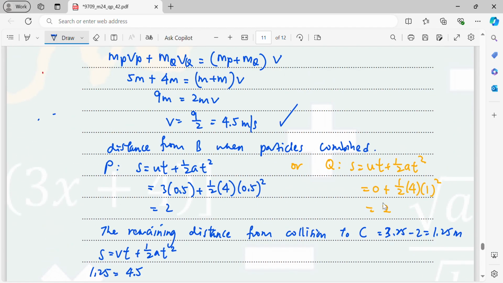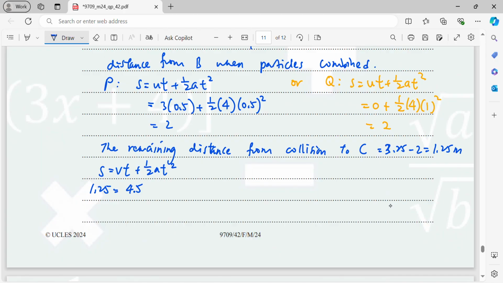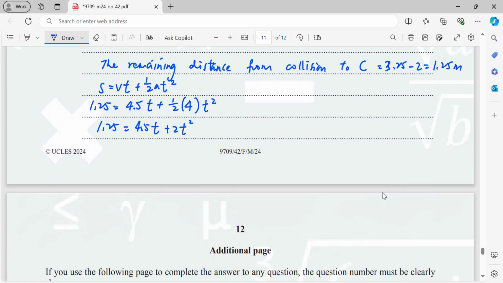This is the V, 4.5, and then the T is unknown, plus half. Since the B and C is rough plane, the A will be 4, then remains T squared. So then I will get 1.25 equals to 4.5T plus 2T squared. So rearrange this to get a quadratic equation.